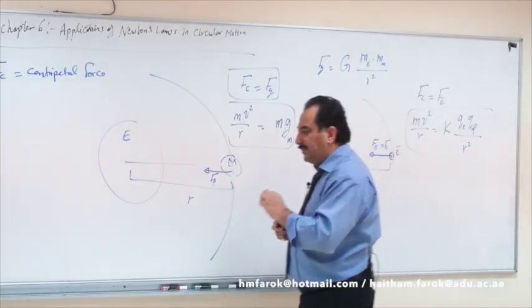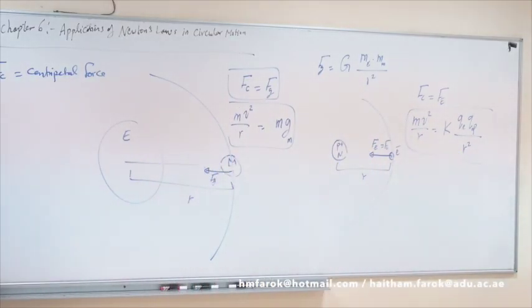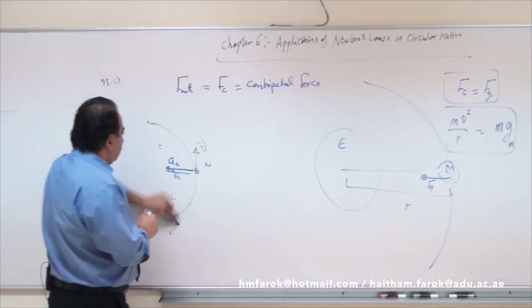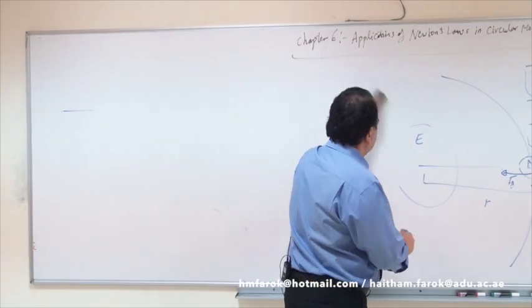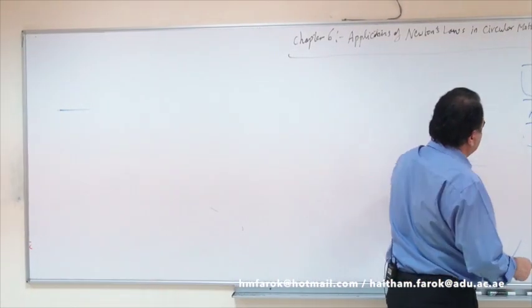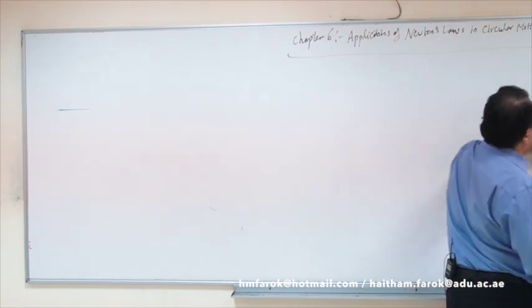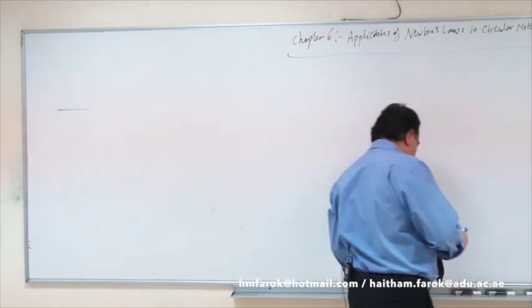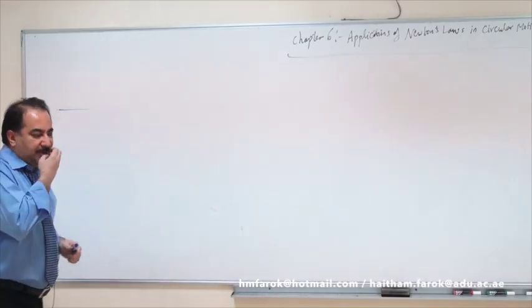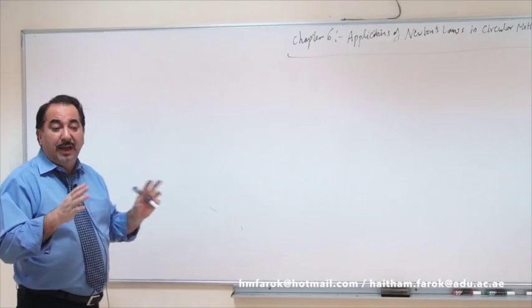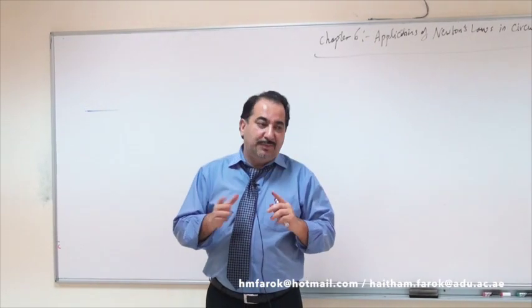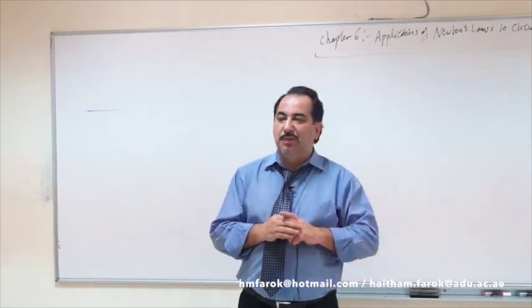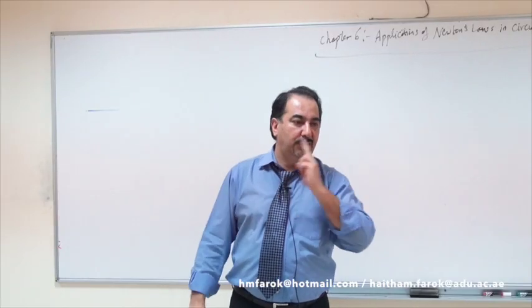Now, let's take specific examples of circular motion, which we need in this course. This section is divided into two parts. We have two types of circular motion. The first type is horizontal circular motion.